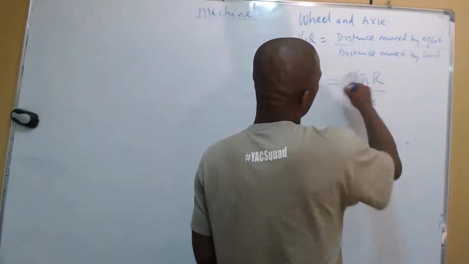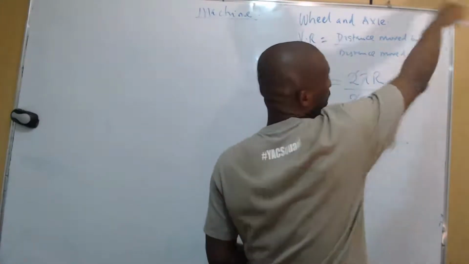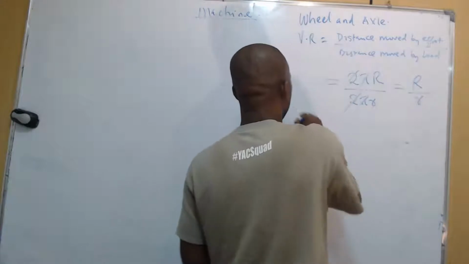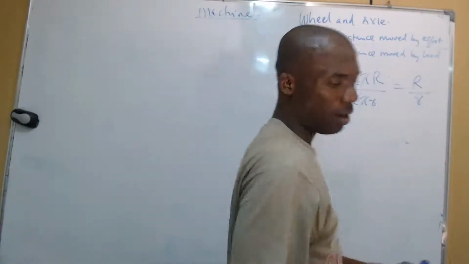So 2 pi will cancel 2 pi. We have the radius of the wheel over the radius of the axle. So VR is equal to big R over small r.